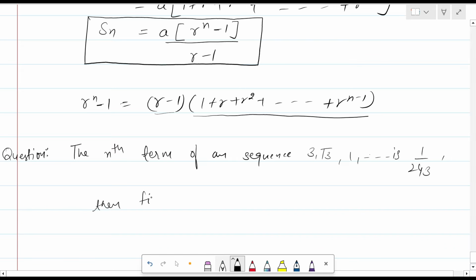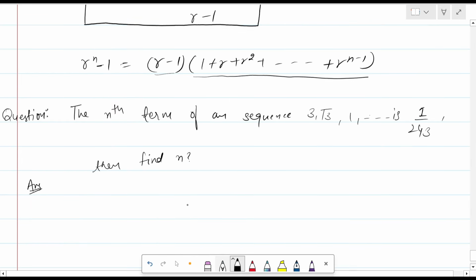Then find n. So what we have given is a sequence and the nth term is 1 upon 243. Then we have to find what is n.